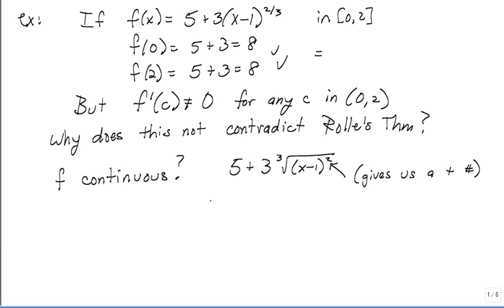You can take a cubed root of a negative too, but this is no problem. This is continuous everywhere. If you take the derivative, though, is it differentiable? What happens when you take the derivative? Bring the 2/3 down.